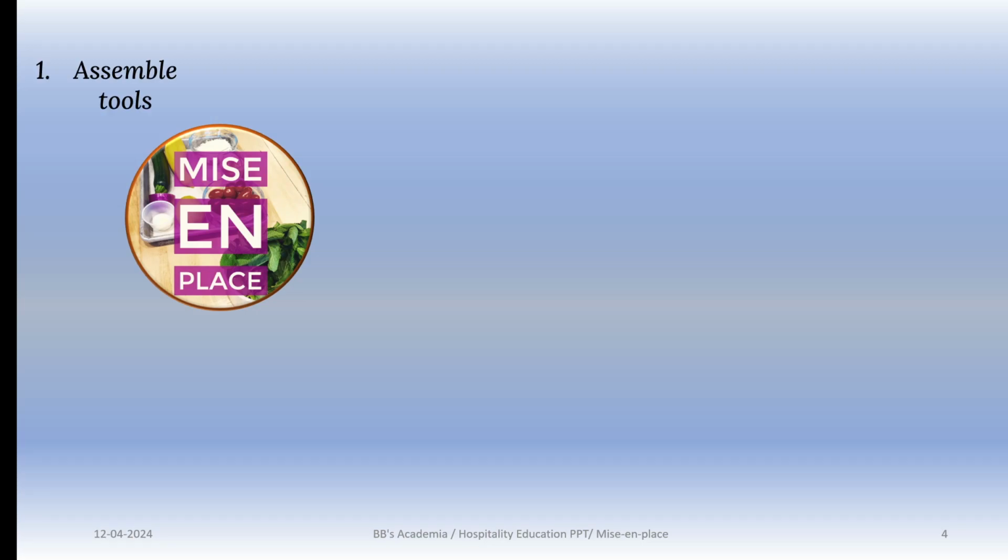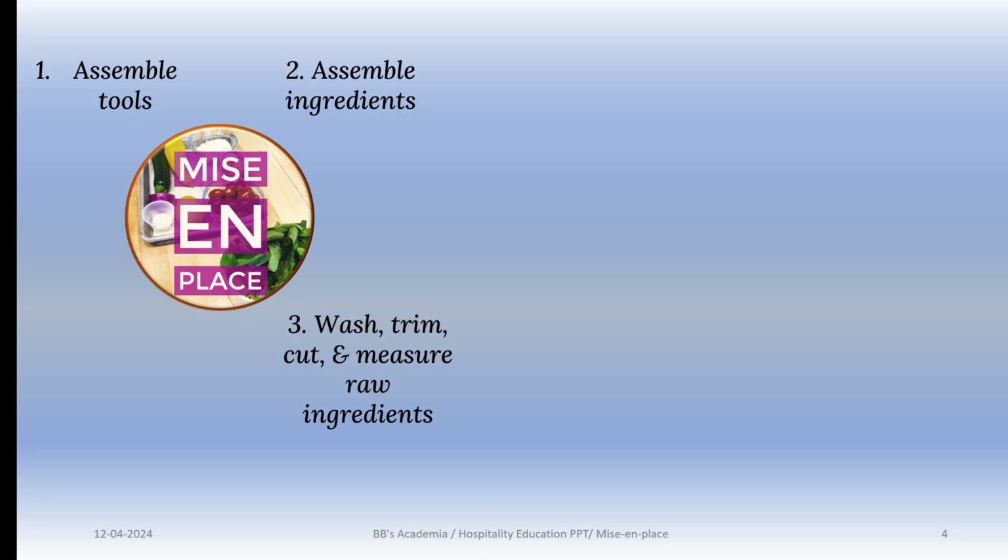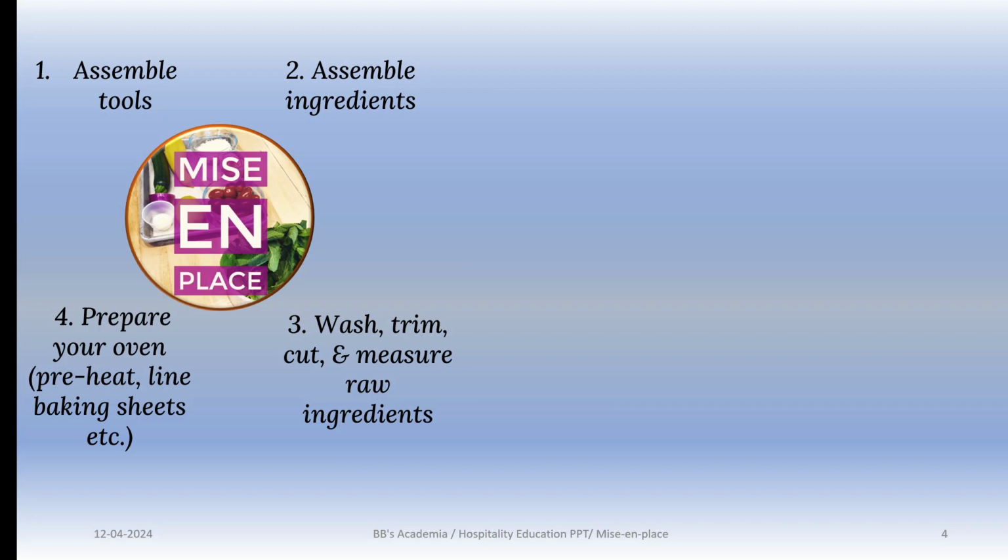Let us try to elaborate it a little more. Mise-en-place means assembling of tools. It also means assembling of ingredients. It also indicates washing, trimming, cutting and measuring of raw ingredients as per your requirements, and then preparing your own equipment like the oven.